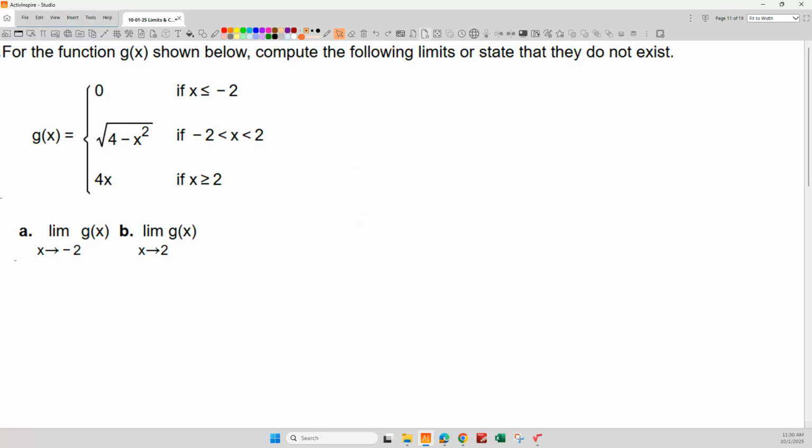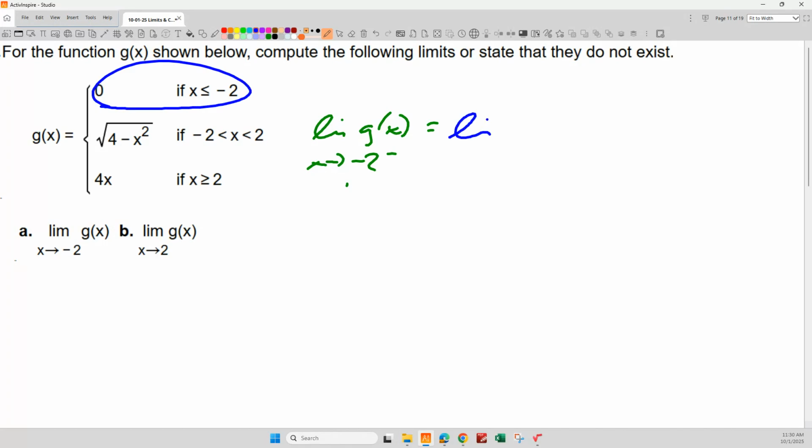So for part A, we would take the limit of g of x as x approaches -2 from the left. Which piece would I be on? First, second, or third? First, right, where x is less than or equal to -2, okay? So that would be that piece. So we get the limit of 0 as x approaches, who cares? 0, isn't it? Right?